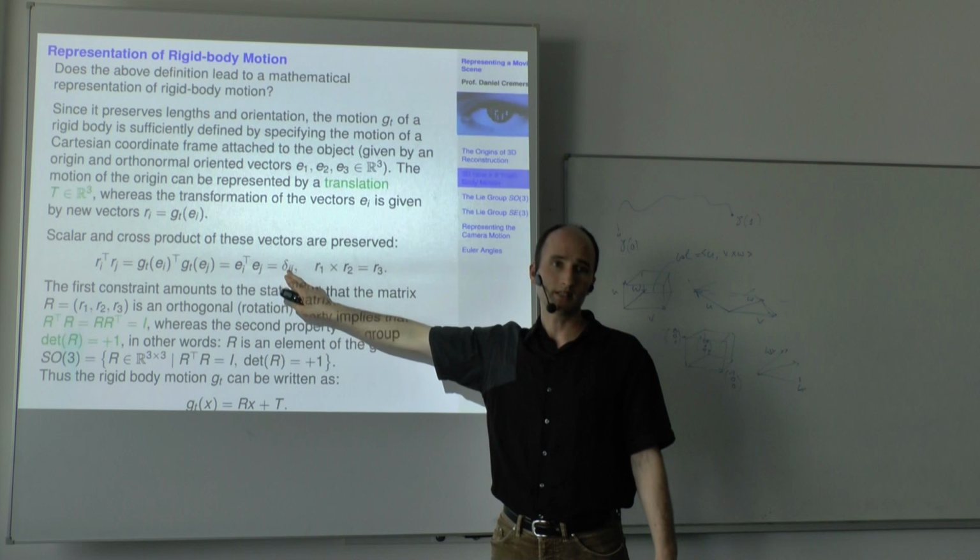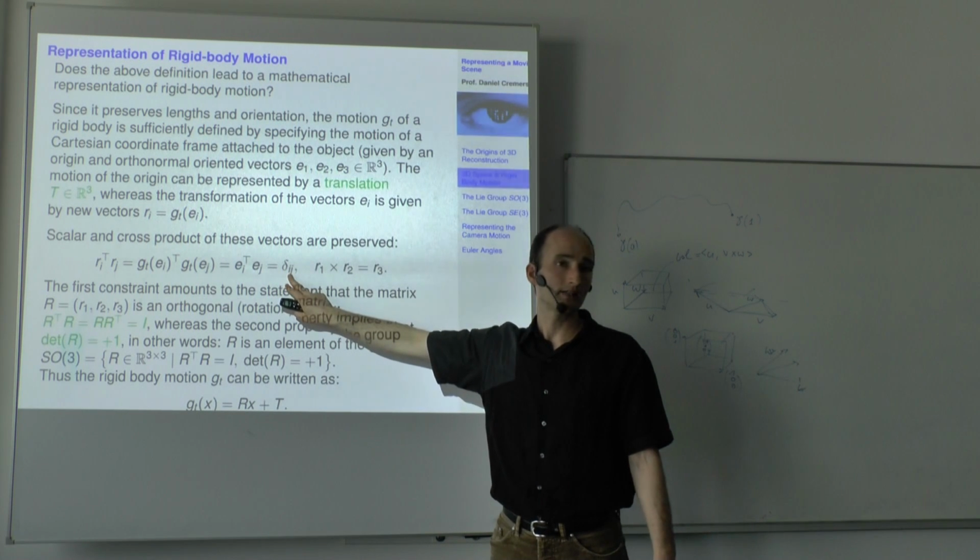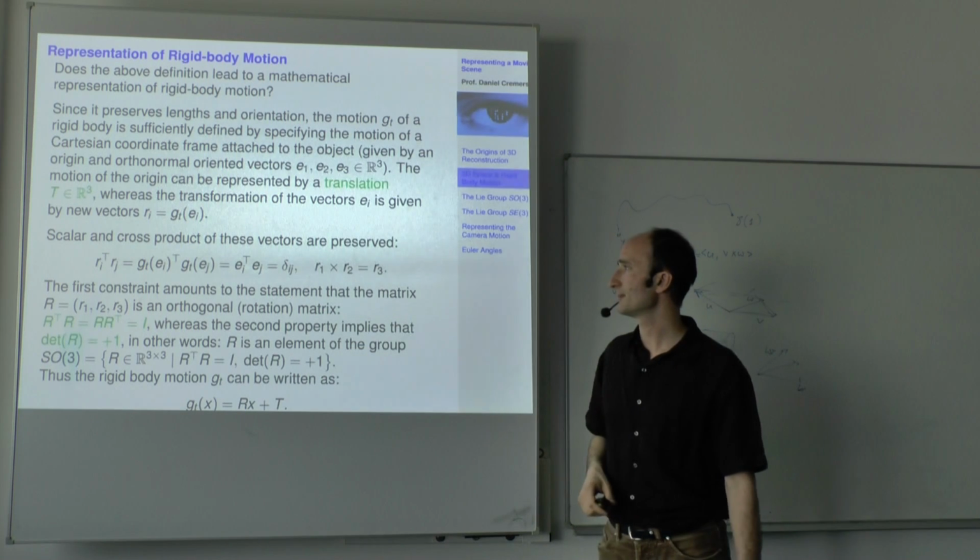Remember, delta ij is an expression that is 1 if i equals j, and 0 if i is not equal to j.